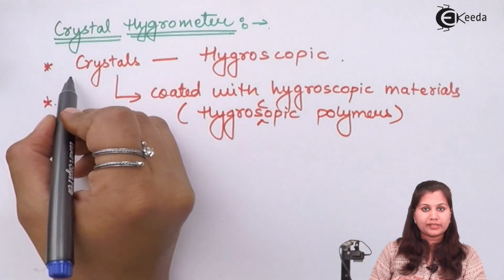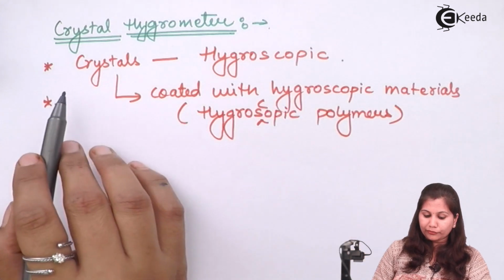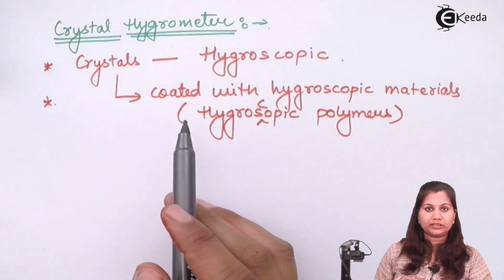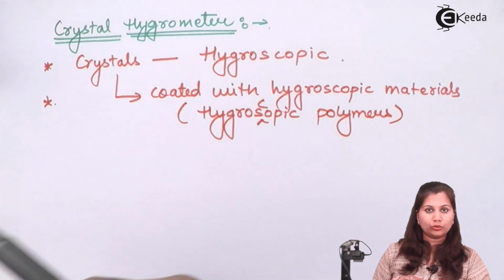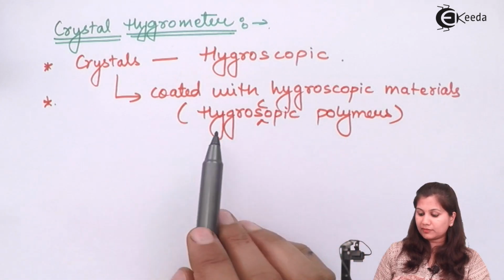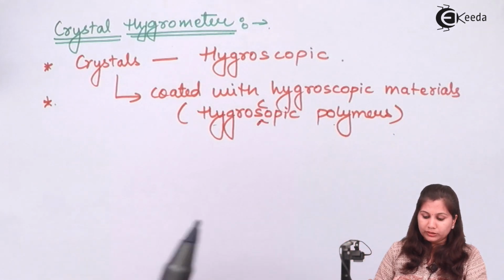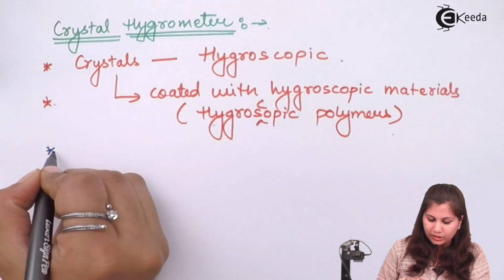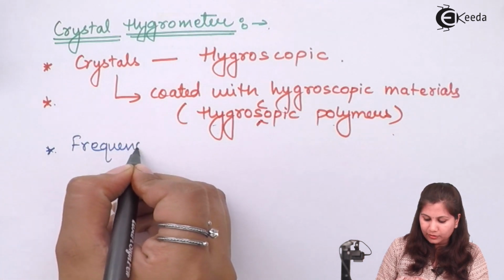So there are some crystals which are hygroscopic in nature, and some of the crystals are coated with hygroscopic materials, which are called hygroscopic polymers. These crystals are used as frequency determination elements in the oscillator.